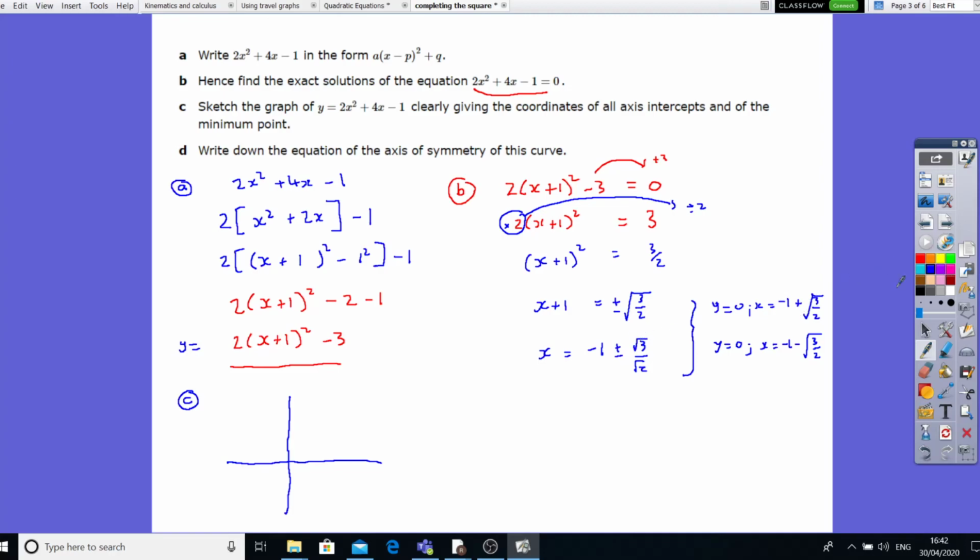Both will give me this side and then this solution. So what I end up getting is, excuse me.